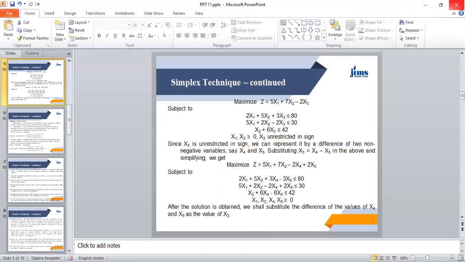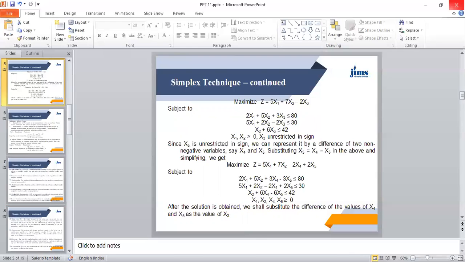This is the objective function, subject to the constraint that 2x1 plus 5x2 plus 3x3 is less than equal to 80. 5x1 plus 2x2 minus 2x3 is less than equal to 30. x2 plus 6x3 is less than equal to 42. x1 and x2 are greater than equal to 0, but you have a condition where x3 is said to be unrestricted in sign. What does it mean?